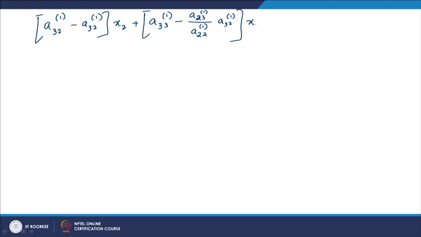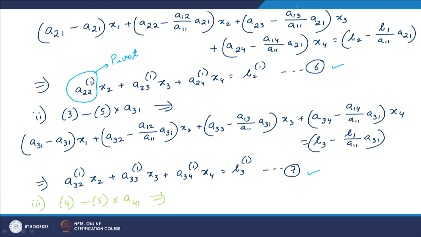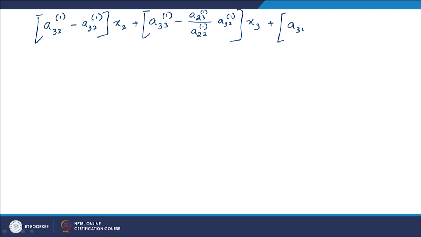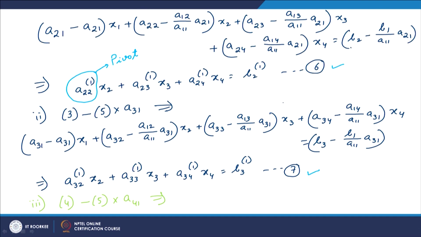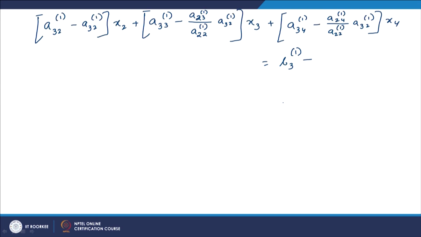A341 minus A241 by A221 into A321 into x4, that would be equal to B31 minus B21 by A221 into A321.